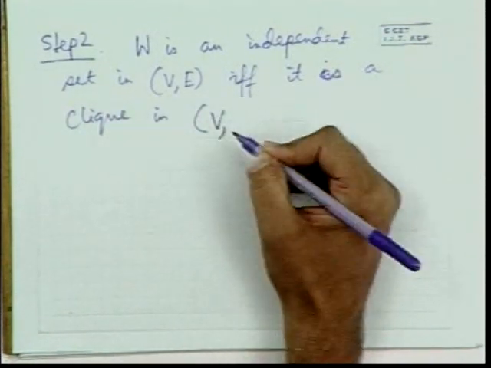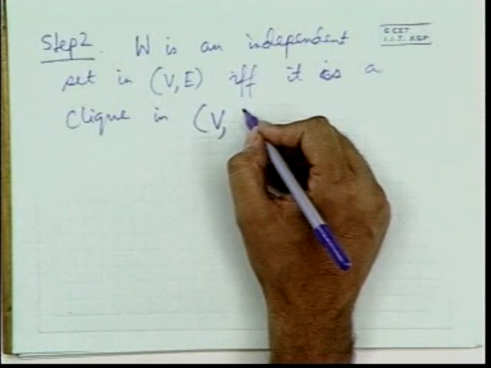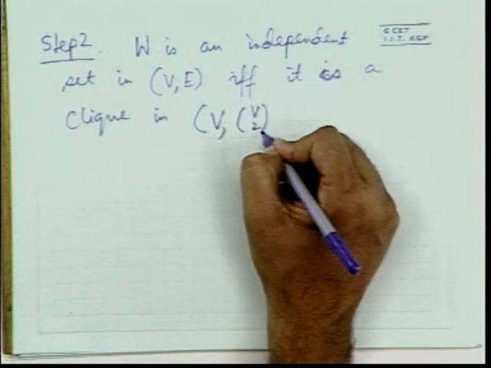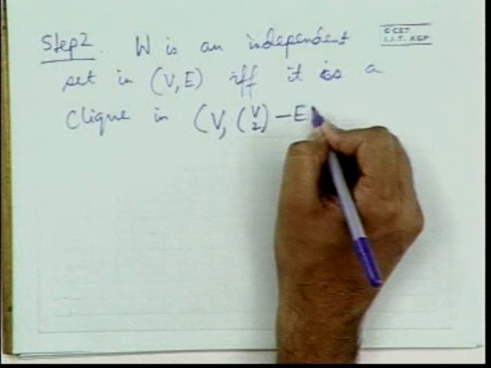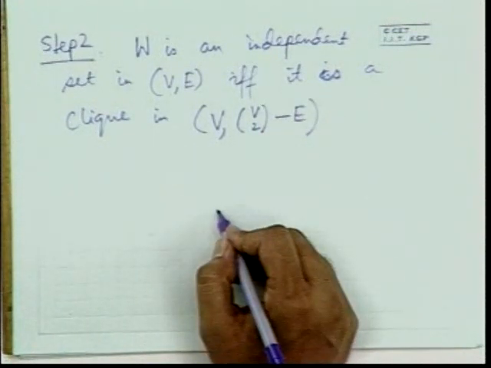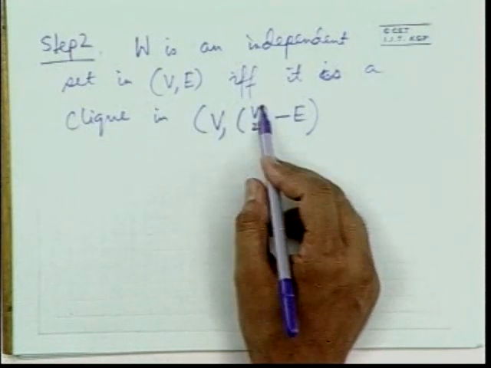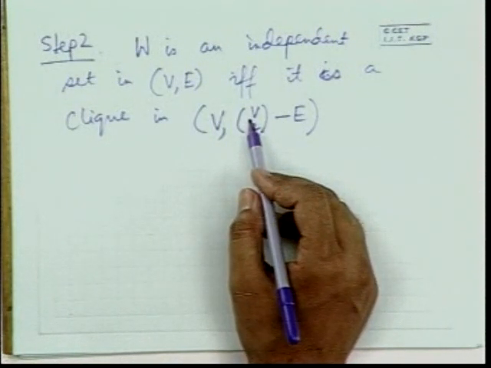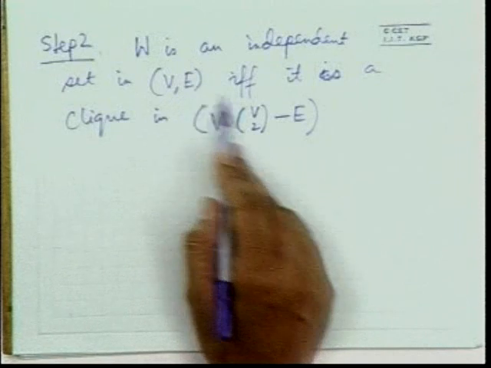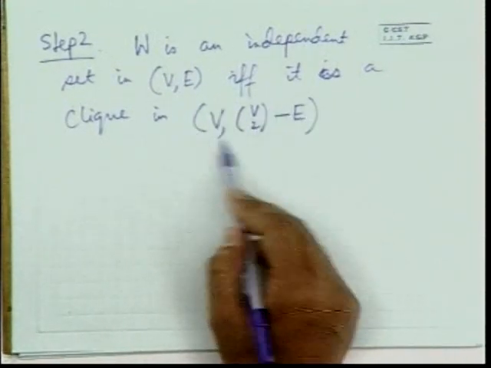What is complement graph? Same nodes, but you take the V choose 2, that is the all possible edges minus the edges of given graph. That is the complement graph. That is the notation. So V choose 2 is the set of all possible edges among V vertices. You have taken out all the edges which are present, so that will form the complement graph.